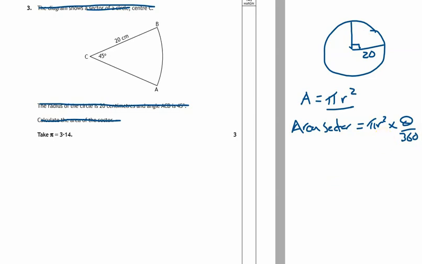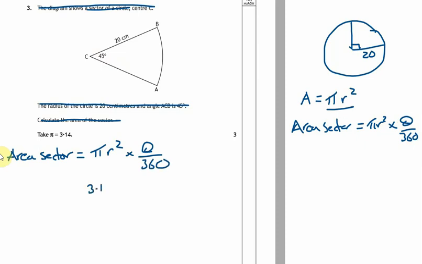So that's the equation you should be familiar with. And if you're not great at remembering equations, just think about what you're doing: the area of a circle times some ratio based on the angle. So let's write that up here. The area of the sector is equal to pi r squared times theta over 360.